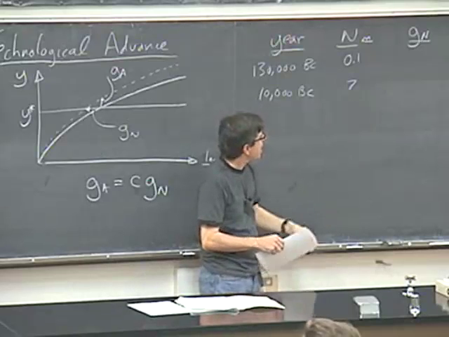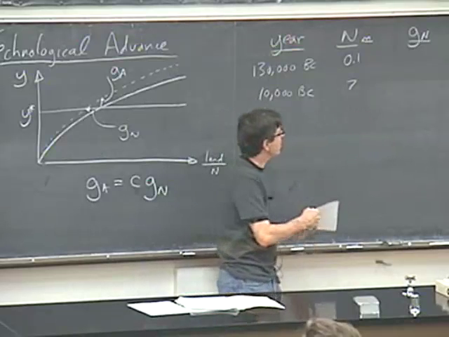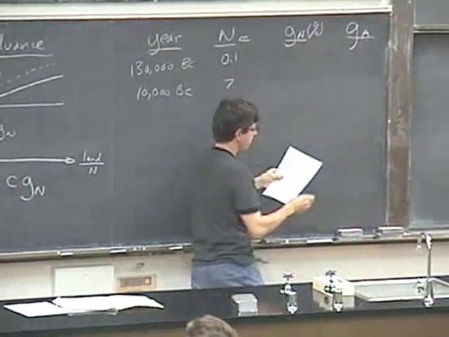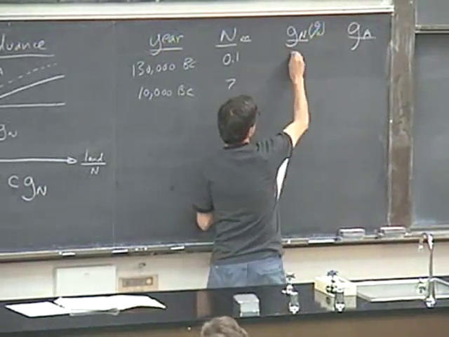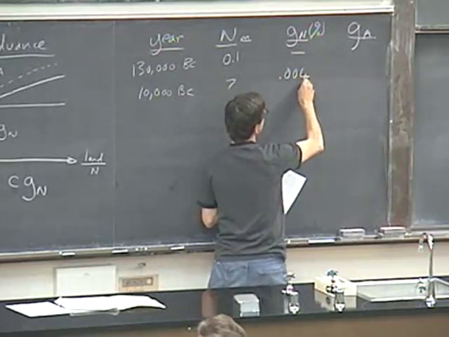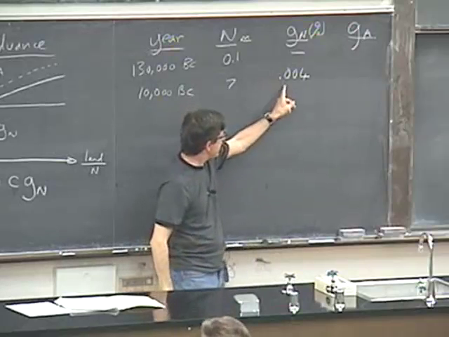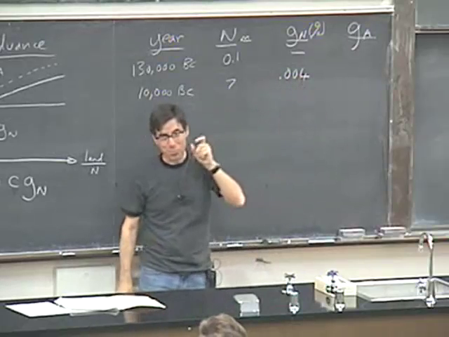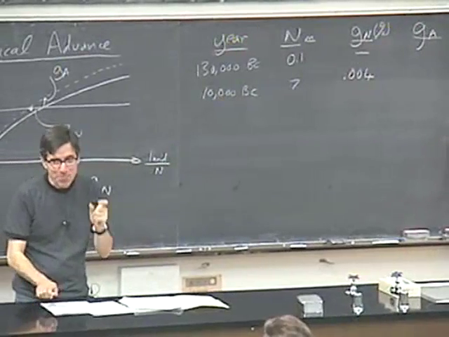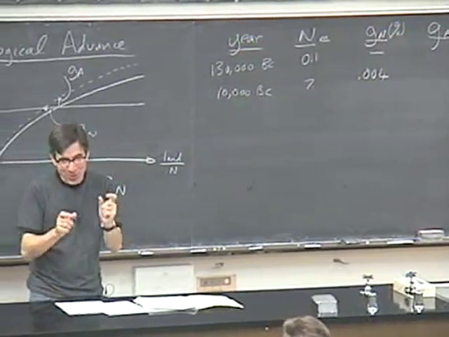What does that imply about the growth rate of population? And we're going to measure this in percent per year. It turns out that that growth rate of population will be 0.004% per year. Right? That's a number that's very close to zero.